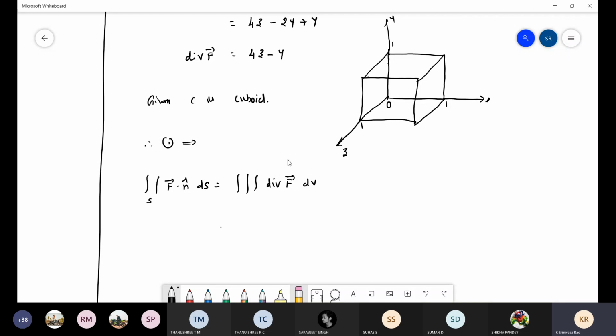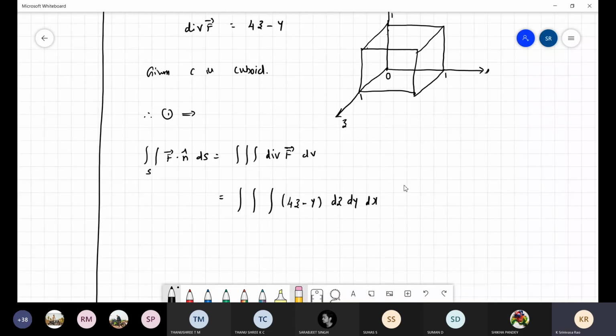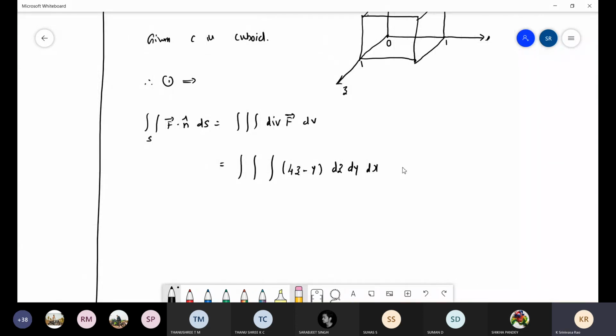Only the RHS you have to substitute. You have to calculate div f, which is 4z minus y. Here also you take dz, dy, dx. You follow the same. And x varies from 0 to 1, y also 0 to 1, and z also 0 to 1. That's it.